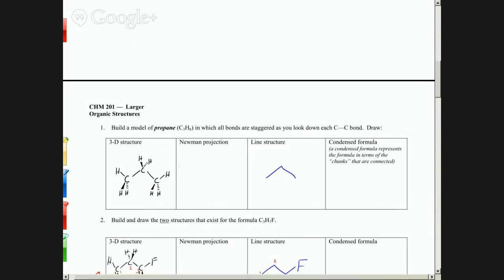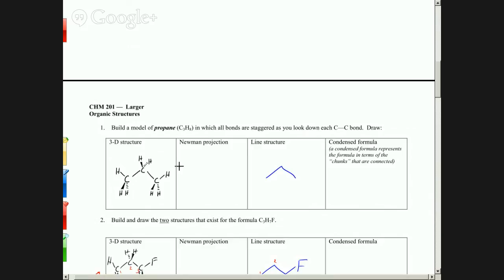So we've got our 3D structure, we've got our line structure, and we've got our condensed formula. A condensed formula is not as quick to draw as a line structure. And I don't mean easy like it's easy to make, because obviously we're going to work on it, but just that it's fast. Line structures are really fast. Condensed formula is often how we see structures when they're written in papers or in books, because it's all in one line.